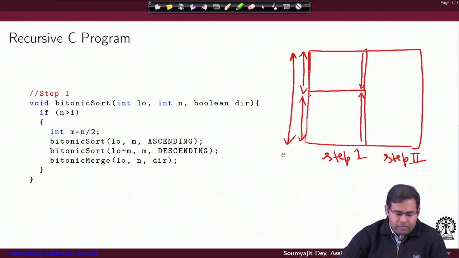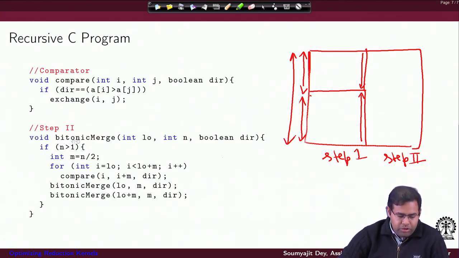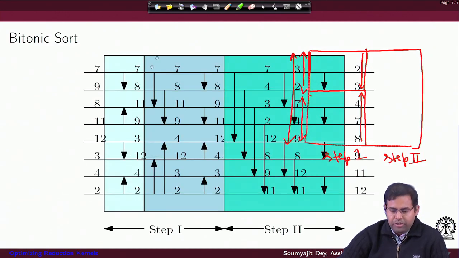So if we look into Bitonic merge in the general case, you are given a low and a high, essentially the starting point and the ending point of values, and you are given the direction, and you are asking it to do the merge. So what's really going to happen? To better understand this, let's first look into the merge sorting network.